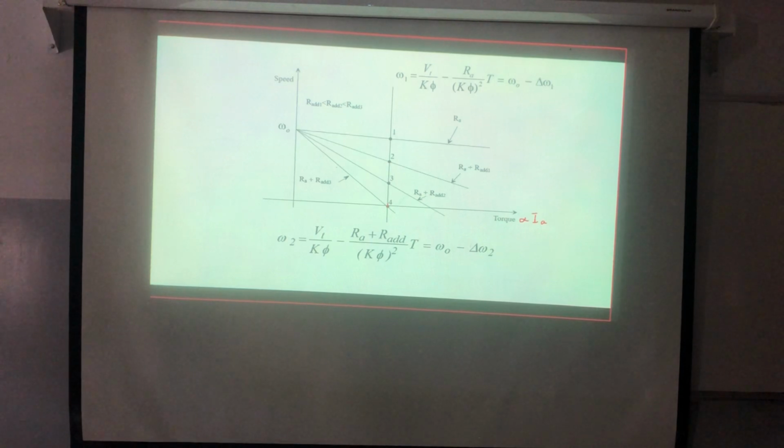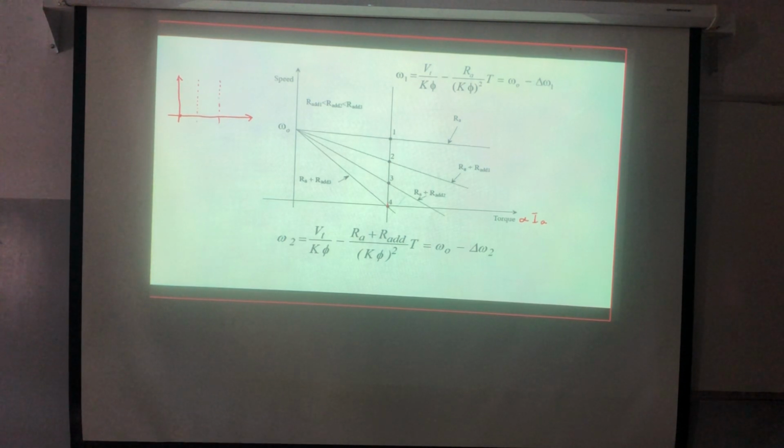So if this line is the rated value, let's put it here. Let's assume that this is the torque speed characteristic, and this is the rated current, twice the rated. It should be somewhere here. Now I'm here at standstill. I need to turn on the machine in one condition.